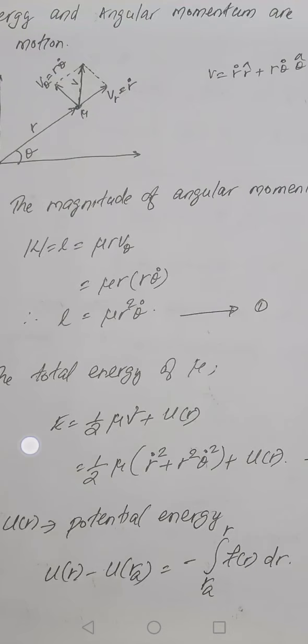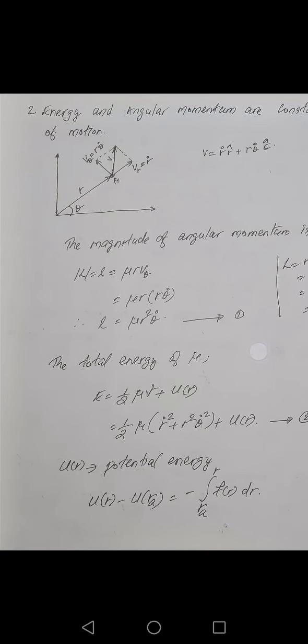So how do we define potential energy? It is the work to bring something from infinity to that point. Physically, u of ra is not so important. So u of r is equal to minus integral ra to r f of r dr. Remember, if you know f of r, you can calculate the potential energy also. That's important.